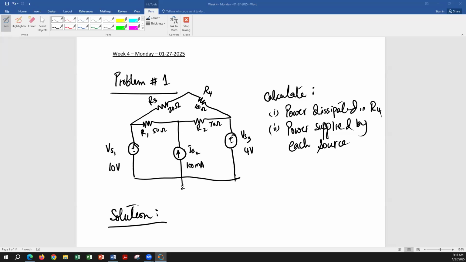If I know the voltage, okay, let me put, you're saying if I know the voltage at this node, let's call this node A, then I will know the current in R4 and R3. Wouldn't there be a difference between that node and the other nodes, R2 and R1?